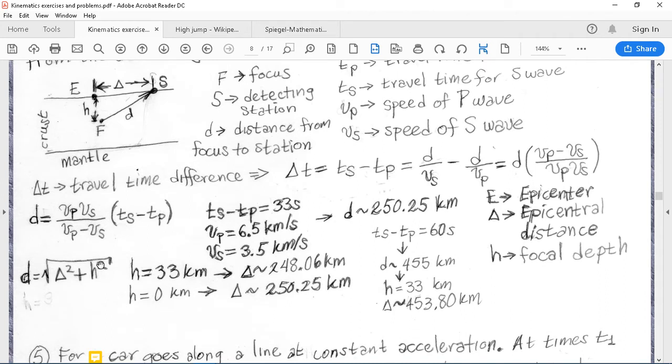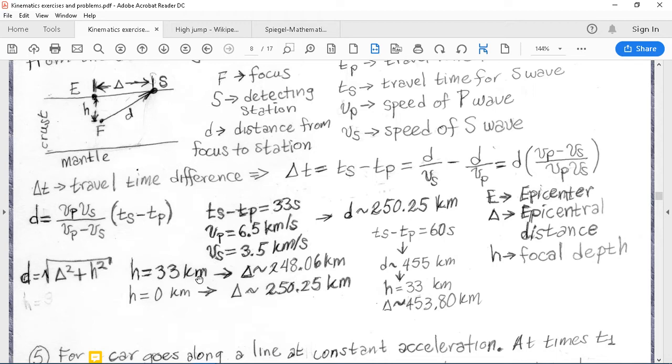So, assuming a flat Earth, as is shown here, the distance d is equal to the square root of the epicentral distance squared plus the depth of the focus squared.